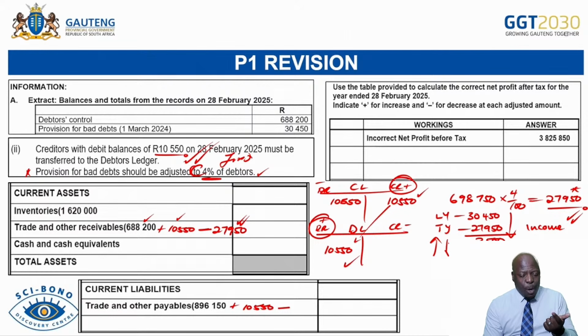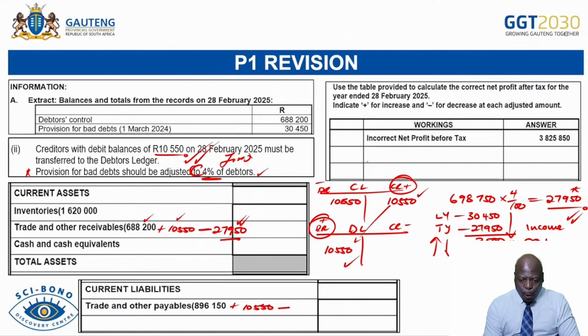Okay, so what we did here, we calculated the 4% and it gave us 27,950. That amount as is, we subtract it from our trade and other receivables, minus 27,950, as we see here. Then you calculate either the increase or the decrease, which you see is 2.5. If the examiner is testing you on the statement of comprehensive income, you record that as other operating income, provision for bad debts adjustment.